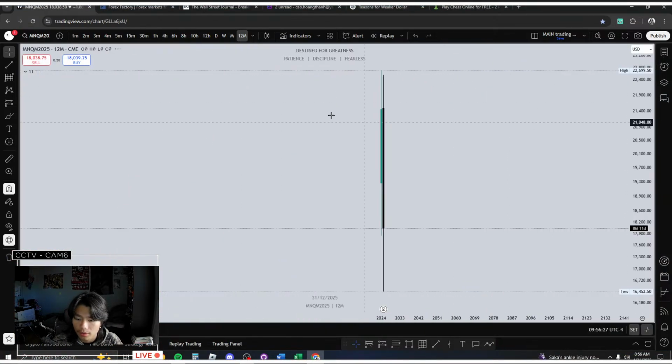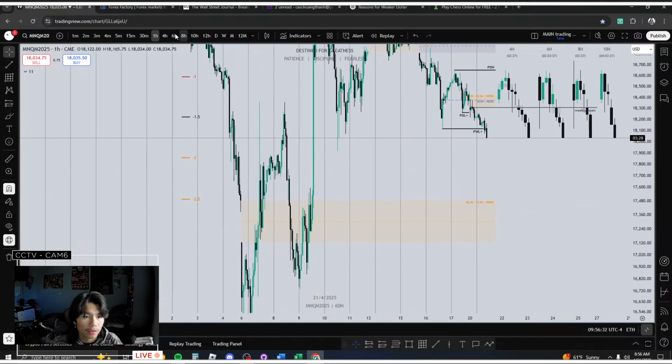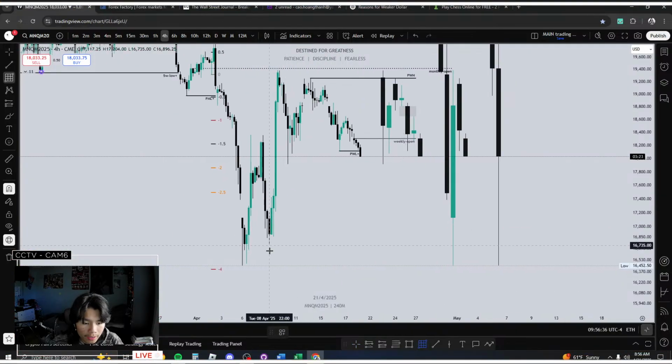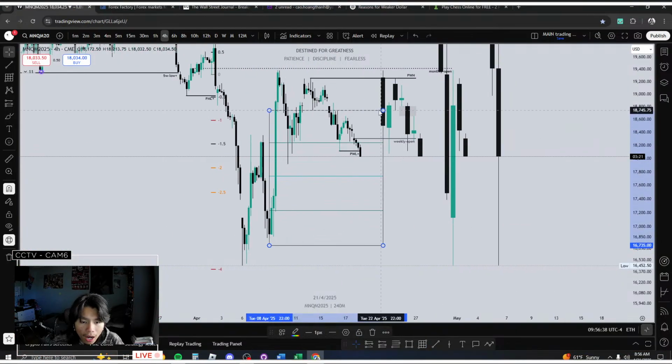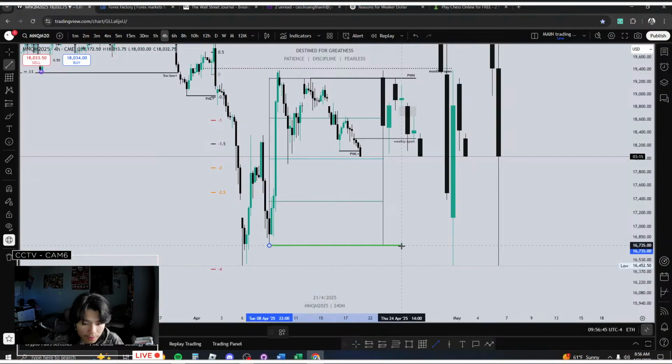Where is NQ at? 4 more minutes left to the closure here. Very interesting. Let's see if we trade back into the discount of this dealing range yet. So not yet. From dealing range swing high to dealing range swing low, there is a dealing range, right?